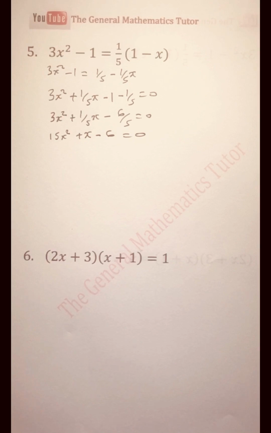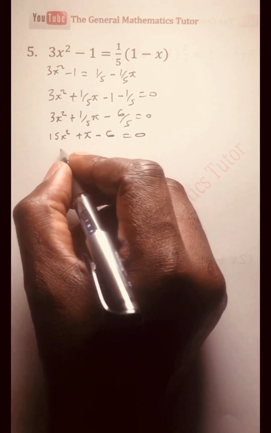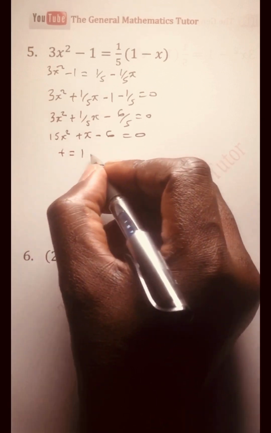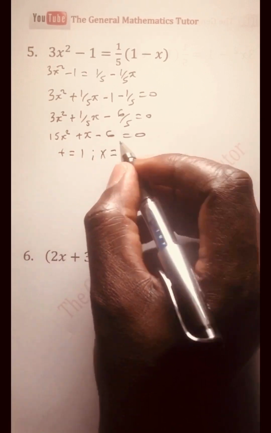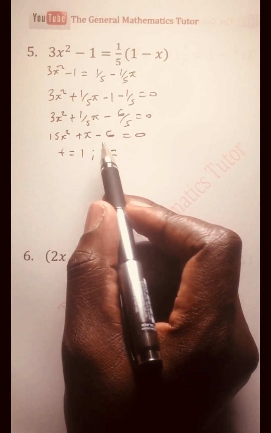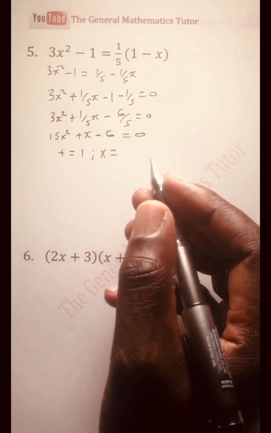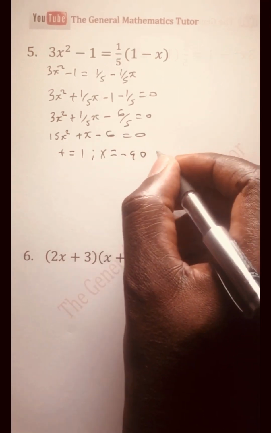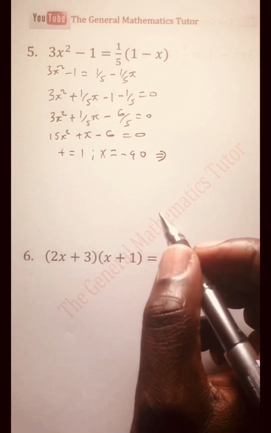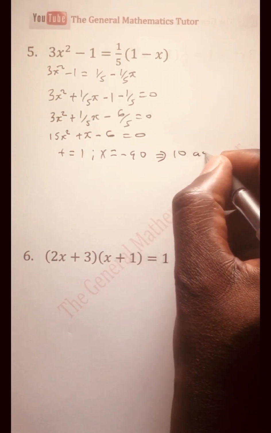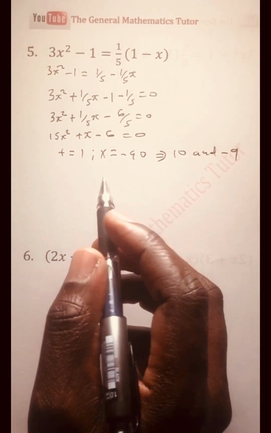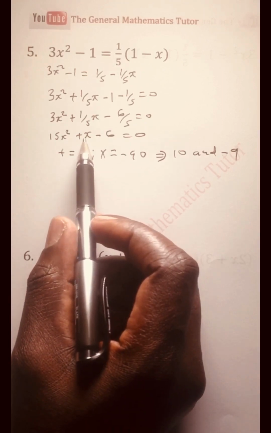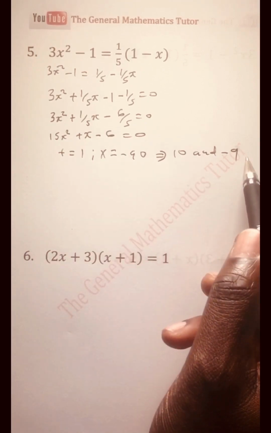So all we need to do is look for two numbers whose sum is the same as 1, and the product should be the same as 15 times negative 6, that is negative 90. So you will find those two numbers to be 10 and negative 9. So we just split 1 into 10 and negative 9.